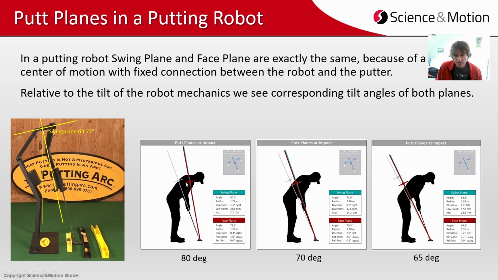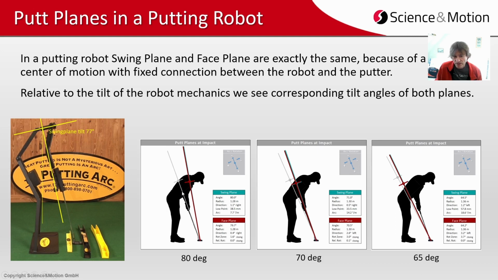Now down to the right you see different putt planes relative to different robot tilt angles. For 80 degrees, swing plane and face plane will be also 80. For 70, they will be also very close to 70, and for 65 they will be more flat.